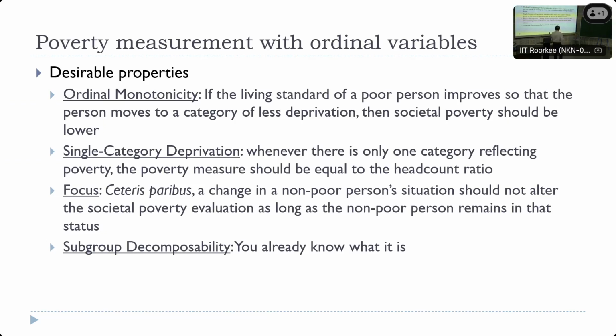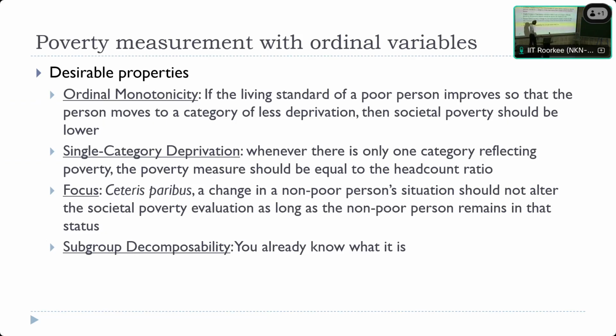Focus. What was the idea of focus yesterday? What was the focus property? Focusing on whom? So if there is an increase in the income of the non-poor, poverty should not change. That was focus yesterday, right? Here we have an equivalent definition.